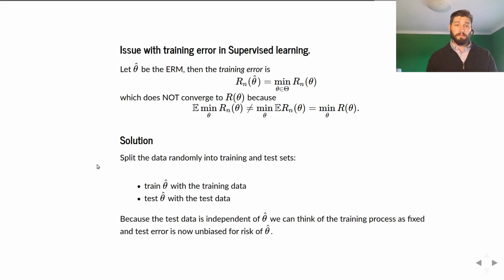Okay, so the solution to getting both a good estimate of theta, or selecting theta using empirical risk minimization, and getting a good estimate of our true risk, is to do a training test split. We train on our training data and we test on our test data, and then we can get some decent estimate of the true risk because they are split, and hopefully the two data sets are independent of one another if we're in the IID context.